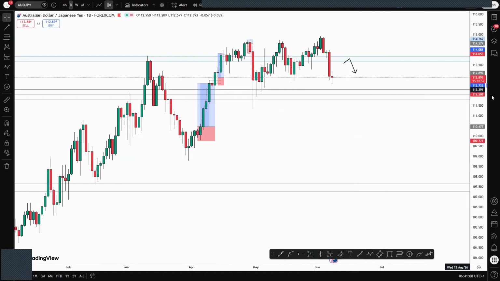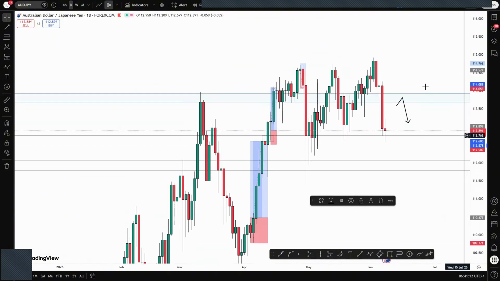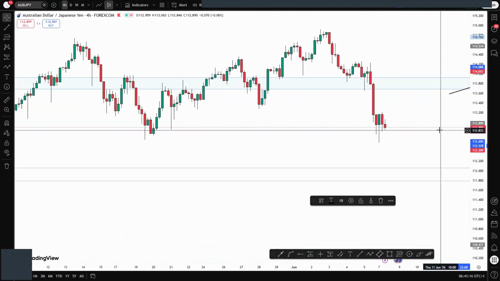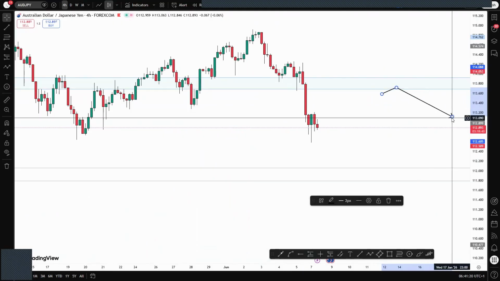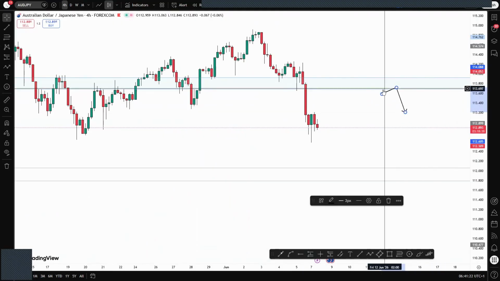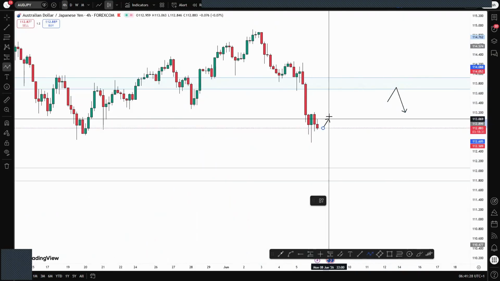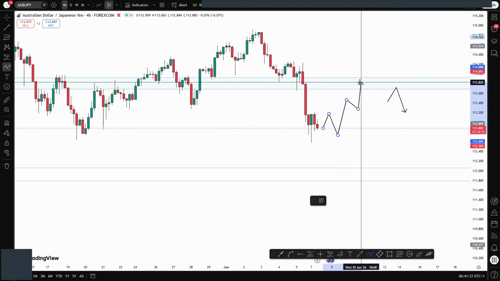ADJPY. Also, what's important is that daily retest. And I told you when we get this daily retest, there will be a high chance that the 4-hour will be bullish, because it might make a new lower high and a new lower low. Then once this starts happening, it will go bullish.